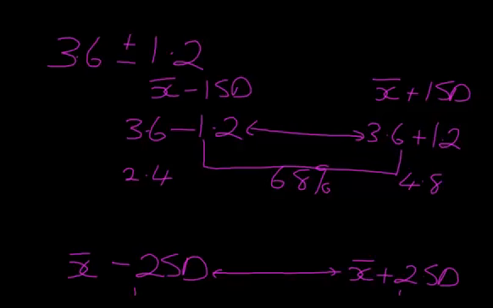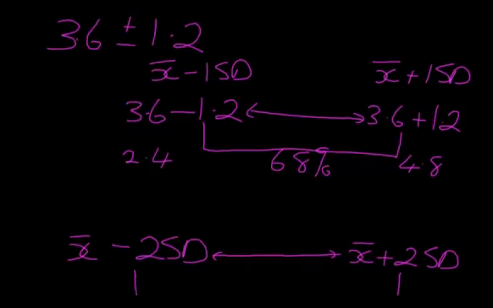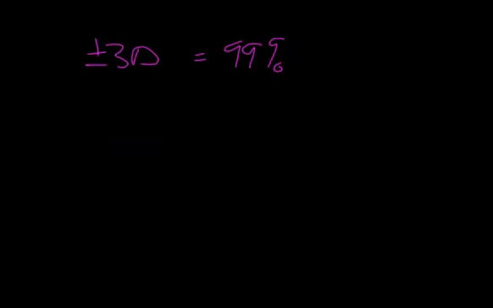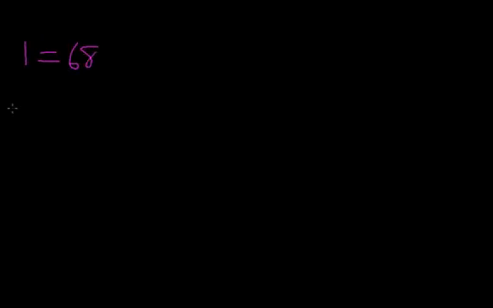That's a neat little trick for understanding means and standard deviations very simply. Now, I'll write that out again: 1 standard deviation is 68, 2 standard deviations is 95, 3 standard deviations is 99.